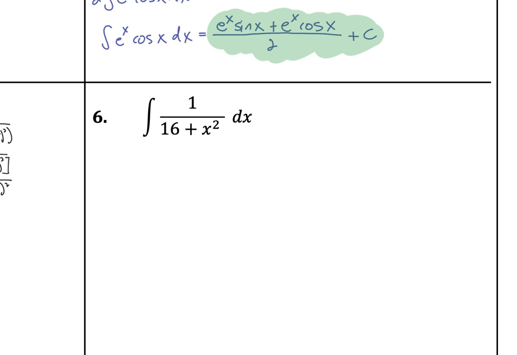And then yeah, so this will be an inverse tan type of question. Okay, we'll pull out the 16 from the bottom. And I'm just going to do it all at once. So hopefully this makes sense. 16 times 1 plus, and this will really be x over 4 squared.